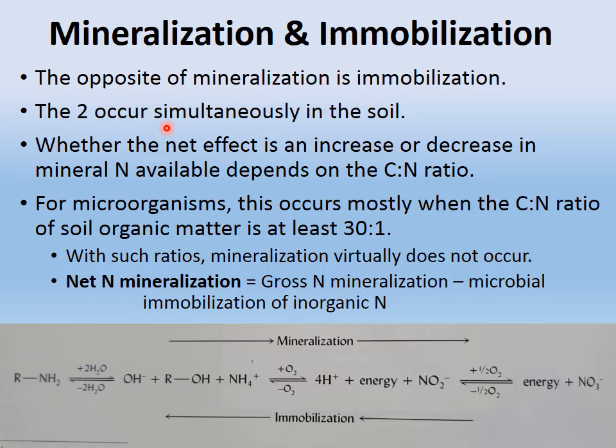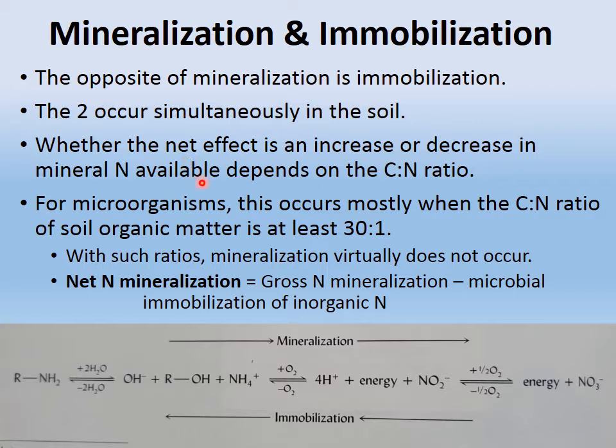So the two processes, mineralization and immobilization, occur simultaneously in the soil. Whether the net effect is an increase or a decrease in mineral N available depends on the carbon to nitrogen ratio, or the C:N ratio.